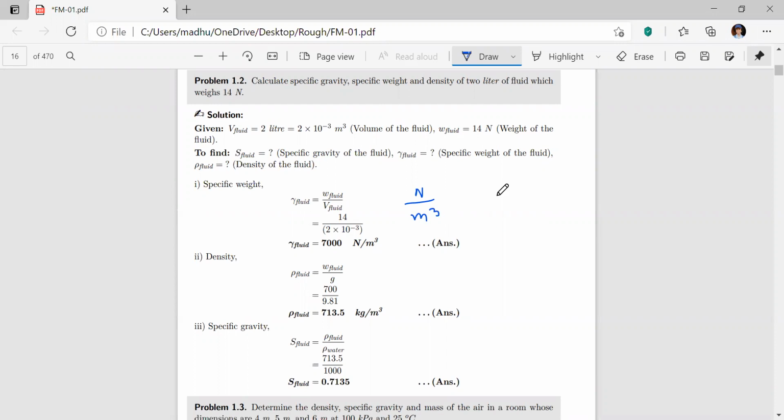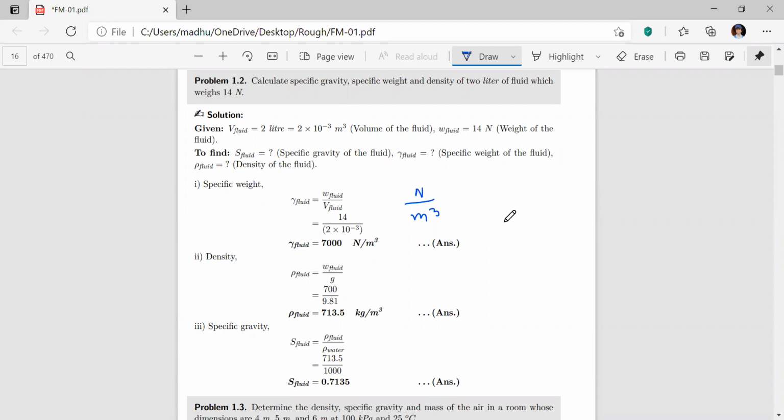Now in this problem, the weight of the fluid is given, that is 14 Newton. So substitute that value here in the numerator, and volume is given, that is 2 liter. 2 liter means 2 into 10 to the power of minus 3 meter cube. 1000 liters is equal to 1 meter cube.